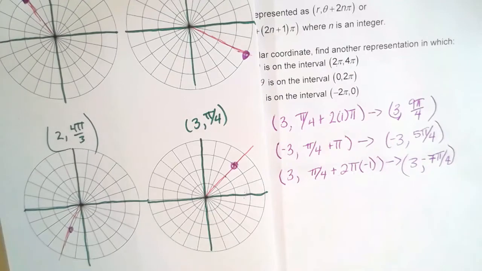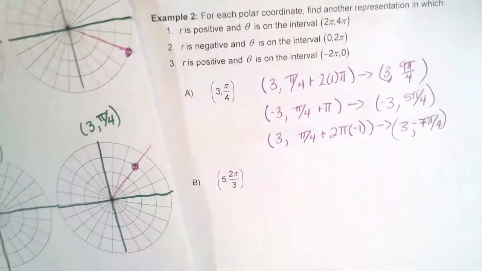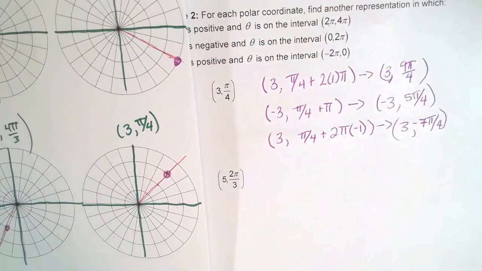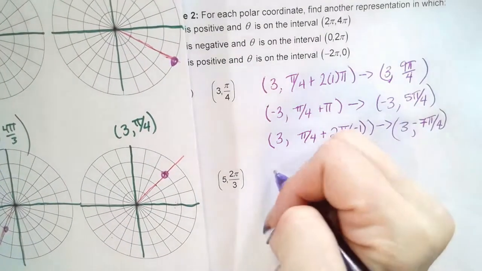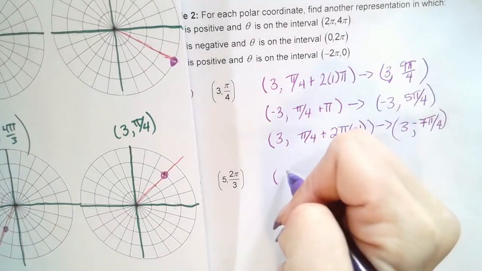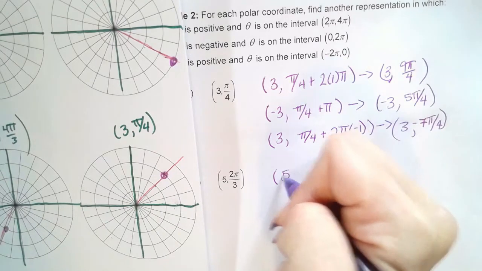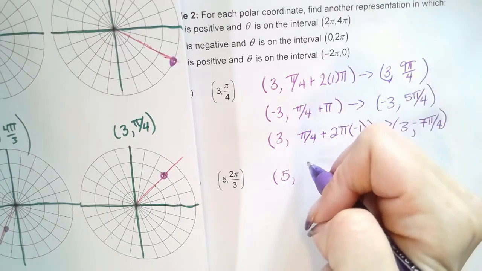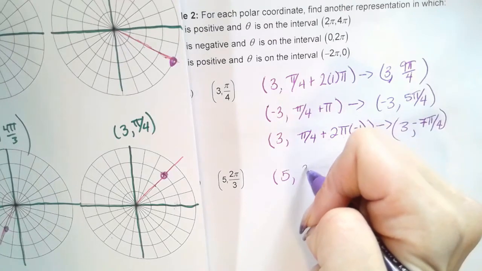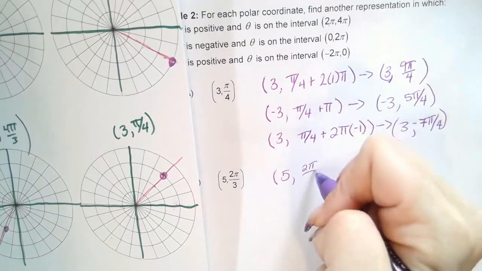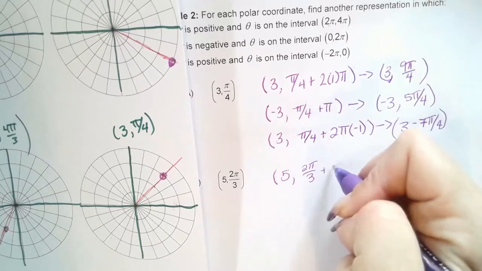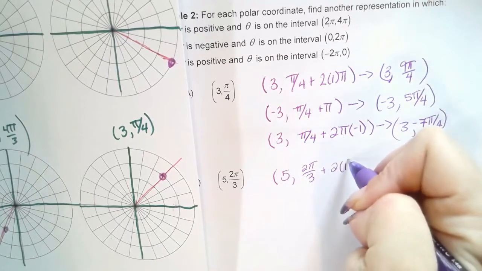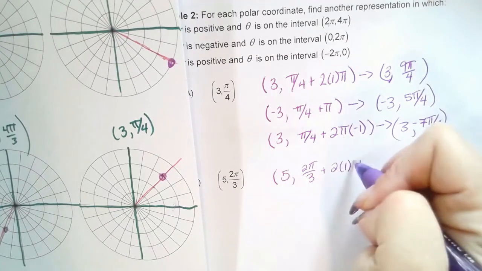Okay, guys? Let's take what we learned right now and see if we can apply that to the next one. So, first one, we're going to keep r positive. And now we want it between 2 pi and pi over 4. So we get 2 pi over 3 plus 2 times 1 pi.